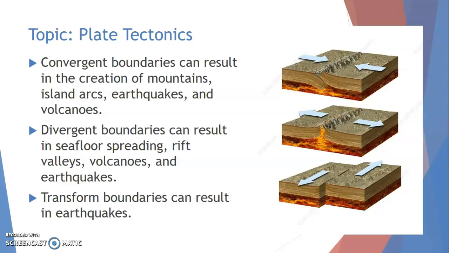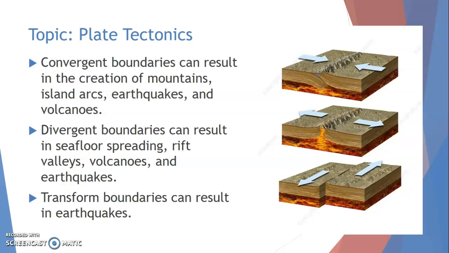And the reason these plates are moving is because they're being moved by the convection currents that occur in the mantle underneath the lithosphere. Okay, so that magma gets to the surface, it cools down, it becomes more dense, it sinks. As it sinks, it warms and then becomes less dense, moves up, and then it moves in this circular motion. So these convection currents are what moves the actual plates themselves.